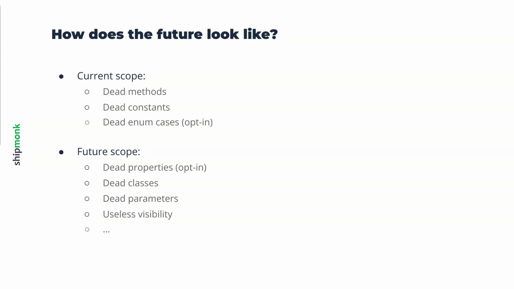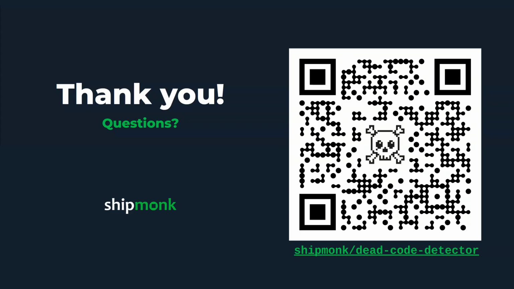It can also detect dead constants and dead enum cases, opt-in only for now. And the future scope, there are many ideas I plan to implement, but let's see. First of all, properties, classes, parameters, useless visibility, you name it. There are so many things that could be there, for example, next year. And that's it. Like it, start it, use it.